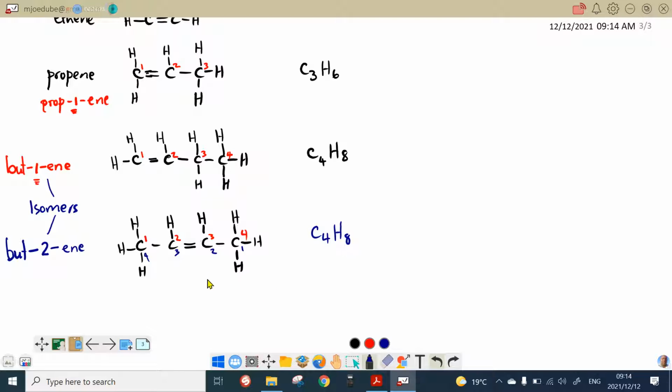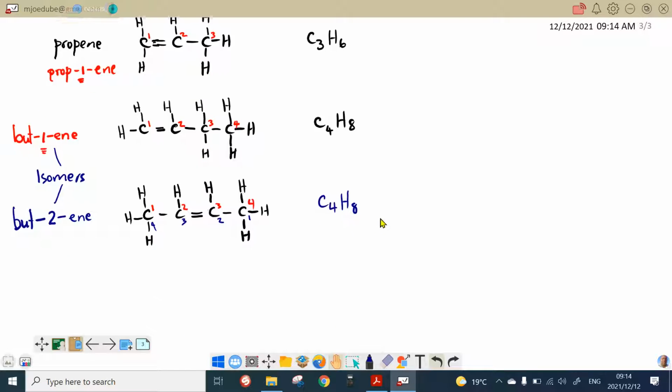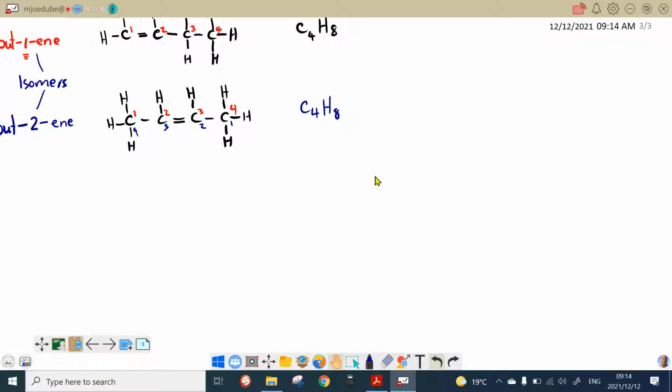So in the same vein, I would like you to give yourself some practice and then give us the structural formulae and molecular formulae of the following: your pentene, and the different isomers that it will have, and then your hexene, and then your heptene. Right, we will continue with this series when we are in the next class.